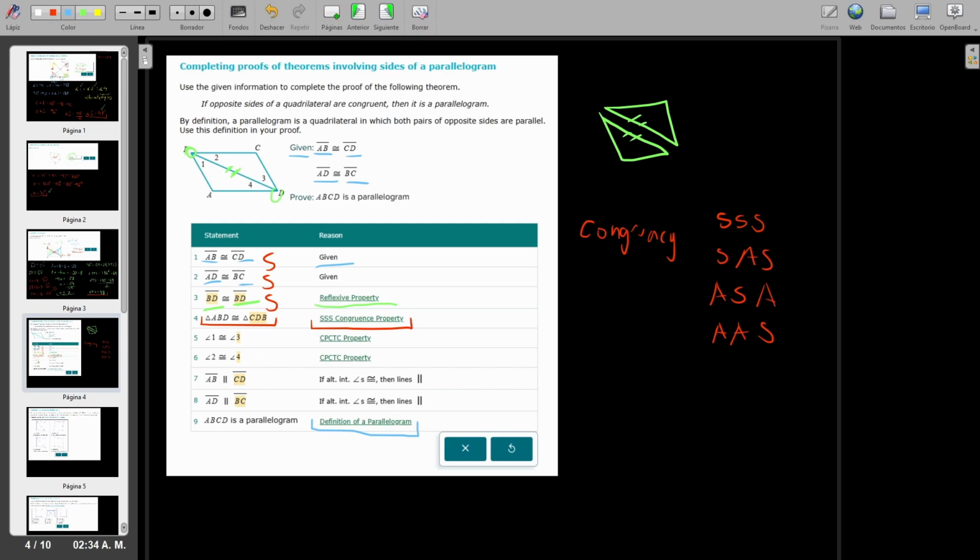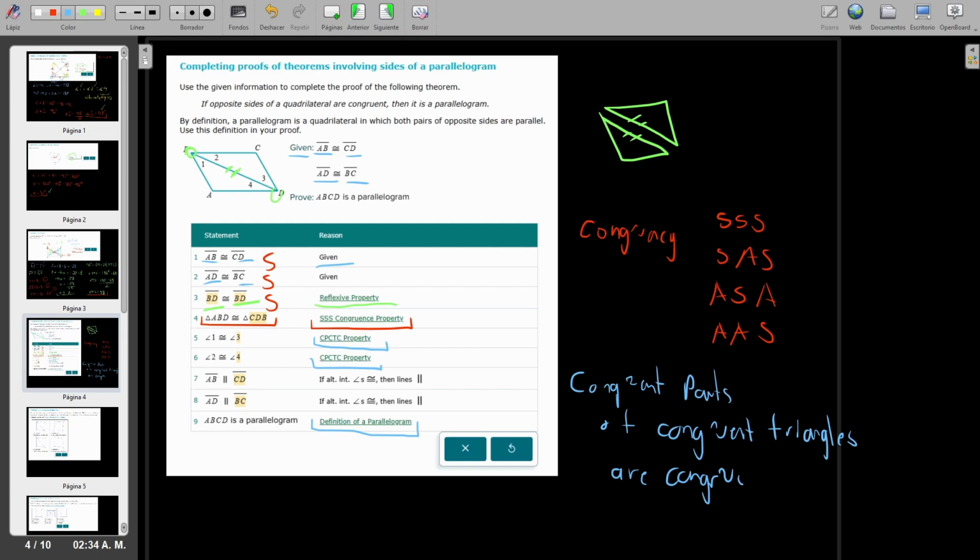Now this is interesting. These properties mean that corresponding parts of congruent triangles are congruent. Look, as we can see, these parts of the triangles are congruent because of the side congruency property.